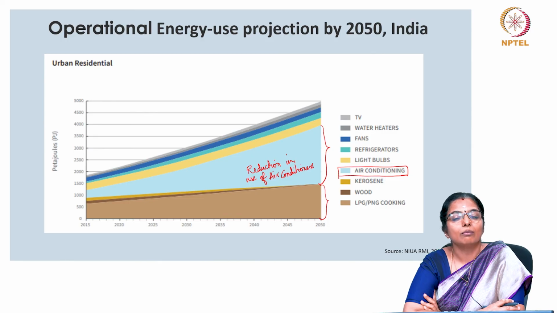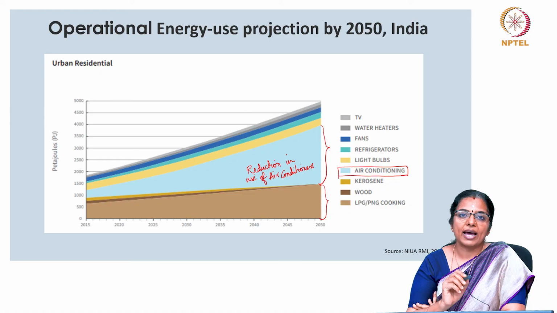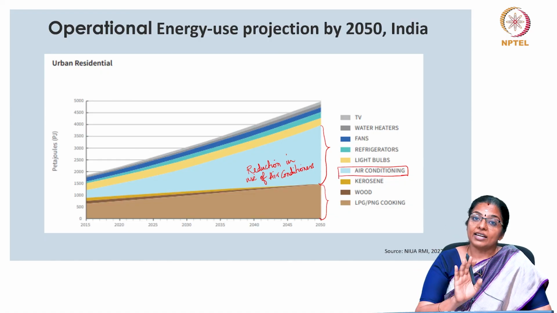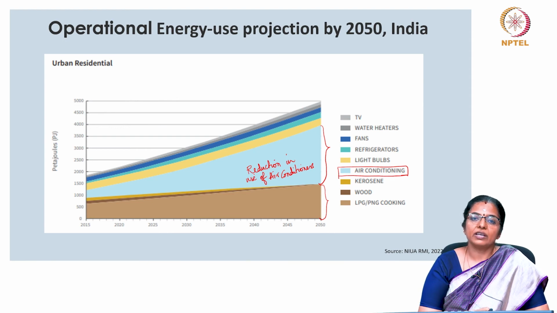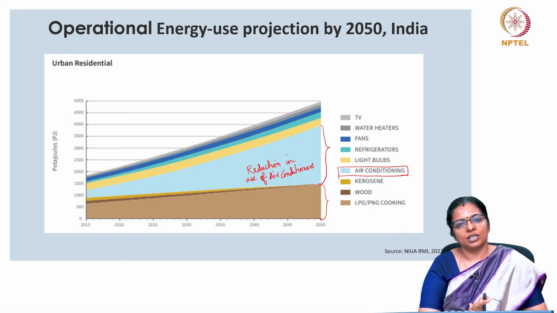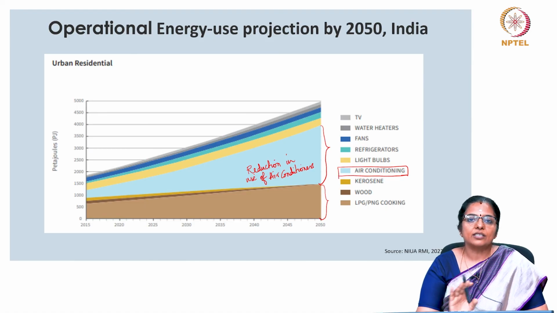But the reduction in use of air conditioners is in the hands of the designer, and that is a major responsibility we have as architects and designers. Of course, the efficiency of the air conditioner is also something which mechanical engineers focus on, but that is for another day.